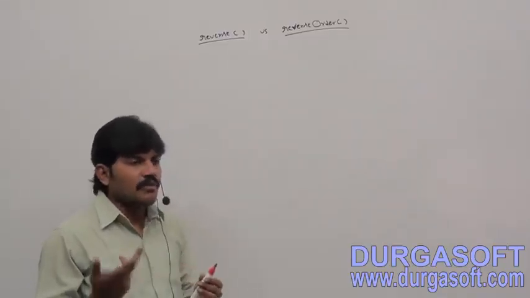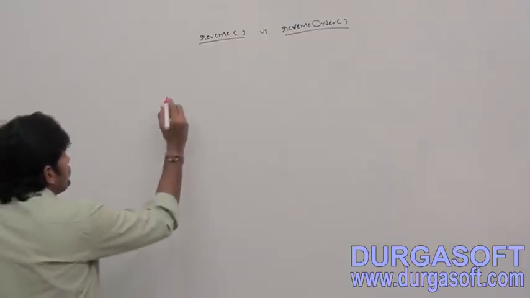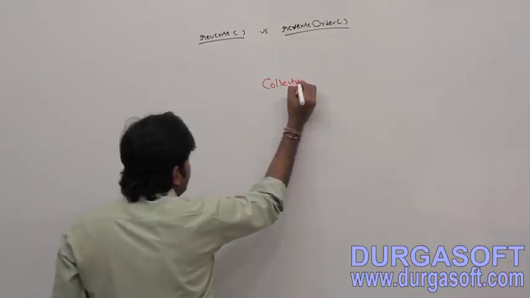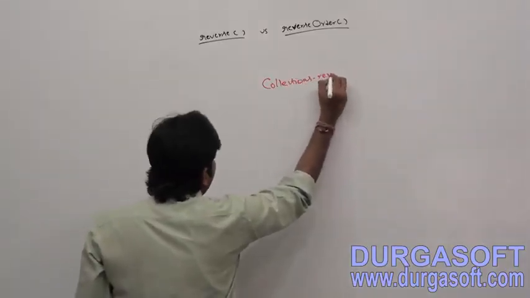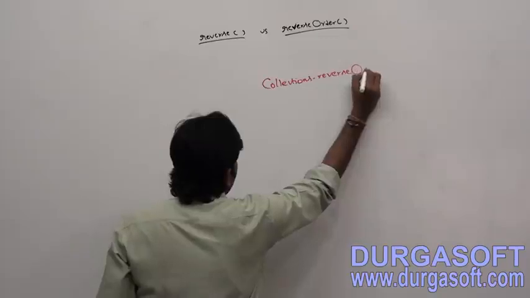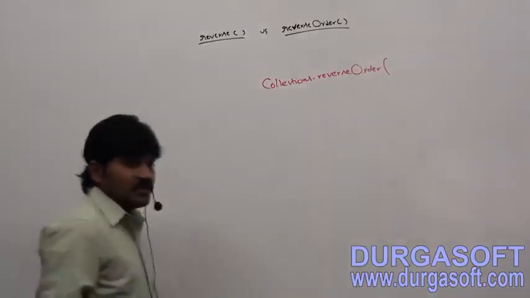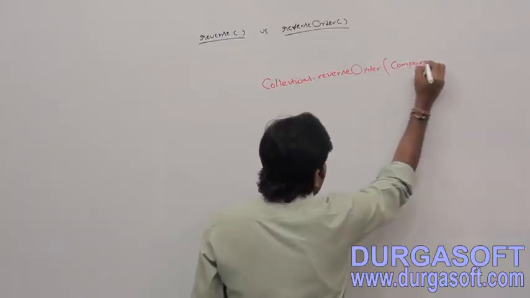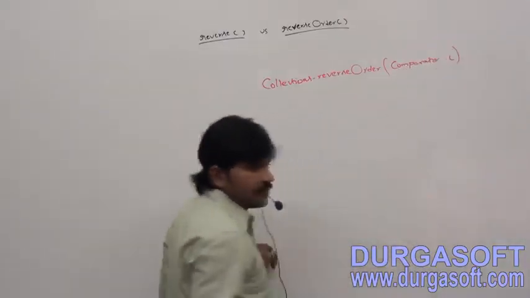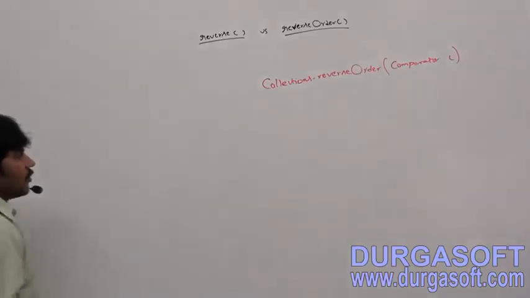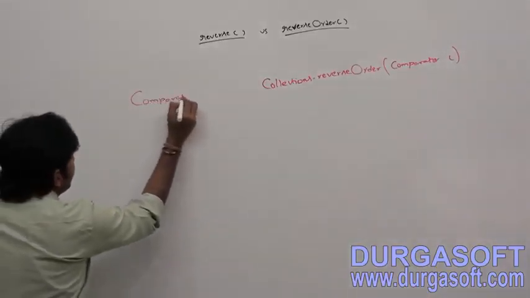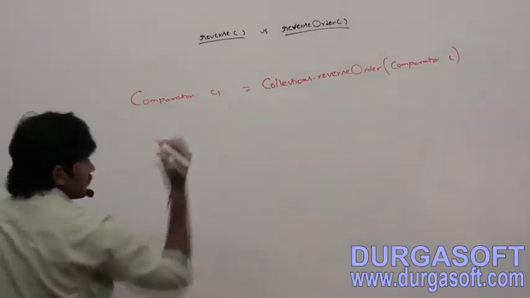Then immediately I ask, sir, what does it mean? Here see, sir, I am taking Collections.reverseOrder method. This reverseOrder method can take a comparator object. The return type of this method is Comparator C1.